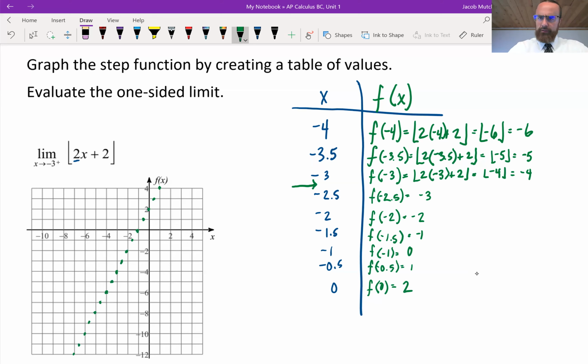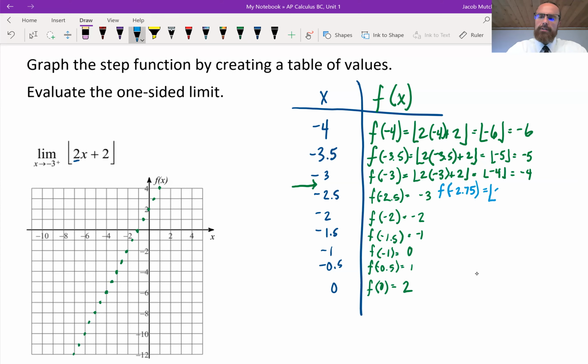So I'm just going to fit that in here with this blue color. So f at, let's go -2.75. That's a value in between -3 and -2.5. I just want to see, does this bump us up or bump us down? Do I stay at -3 or go to -4? So I'm going to plug that in the limit.